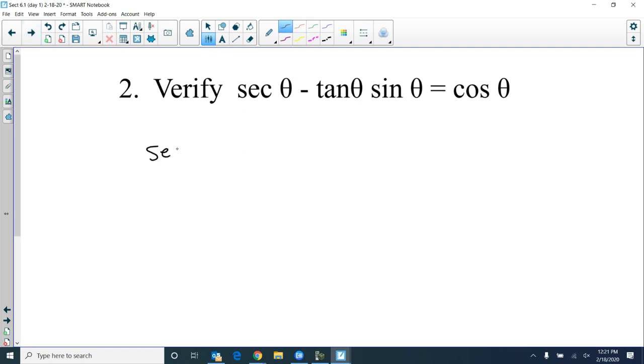Secant of theta minus tangent of theta, that would be times sine of theta, equals cosine of theta. All right, well, clearly, number one says start with a more complicated side. Which side would that have to be? The left side, clearly, that is more complicated.